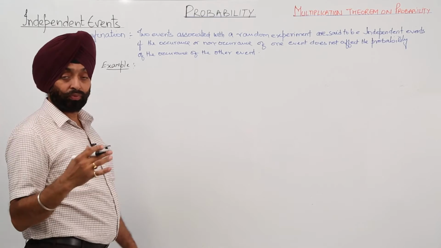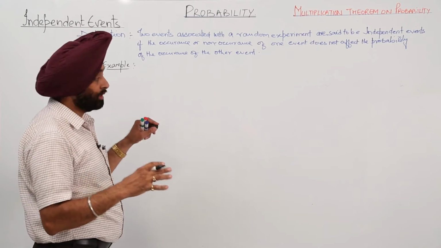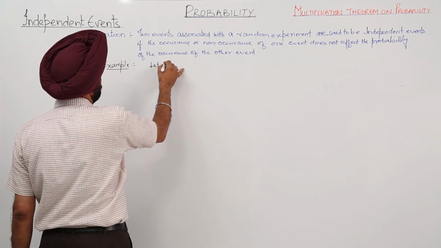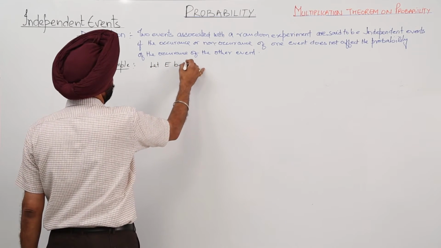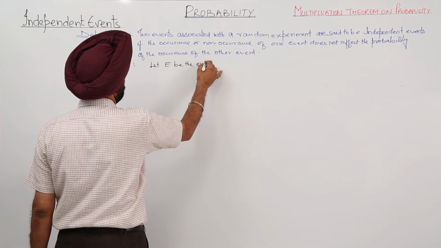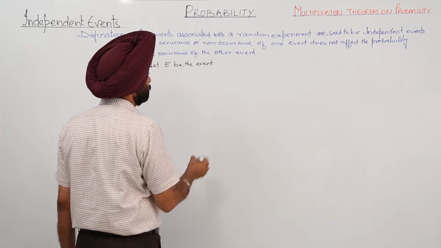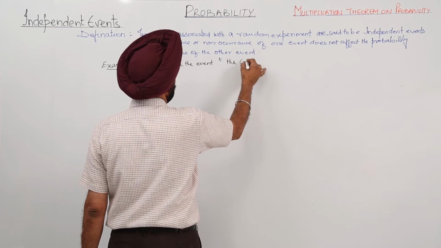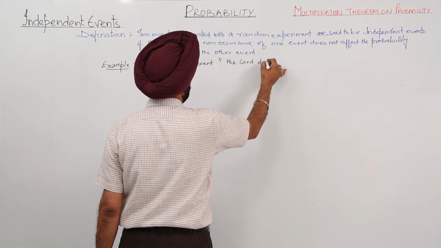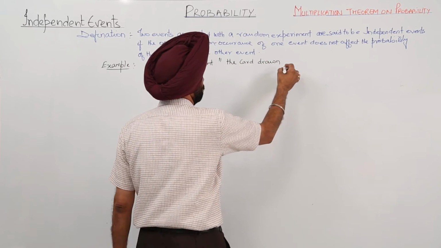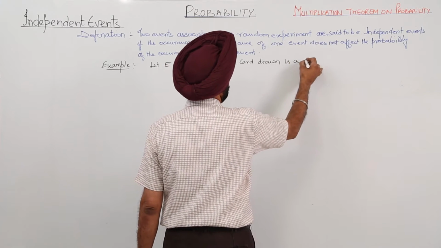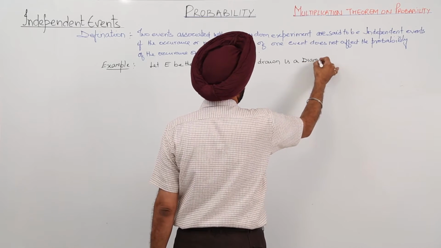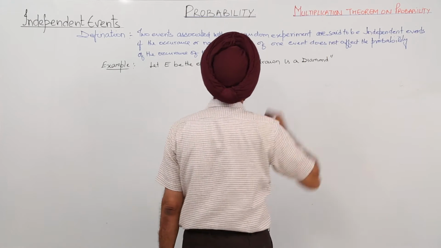Let us go for an example to make the definition clearer. Now let E be the event the card drawn is a diamond.